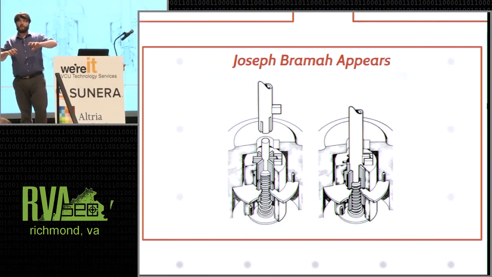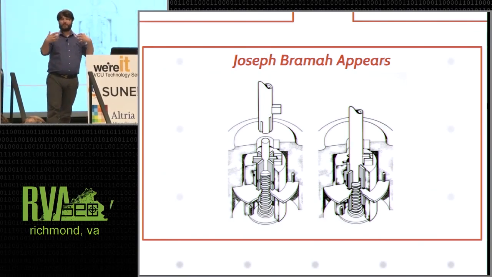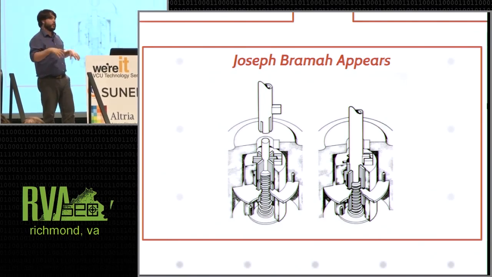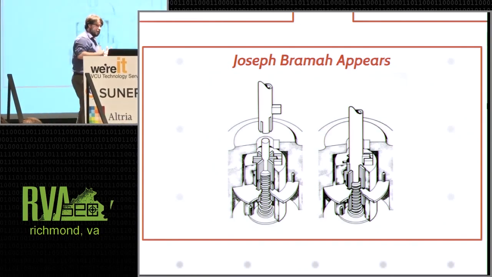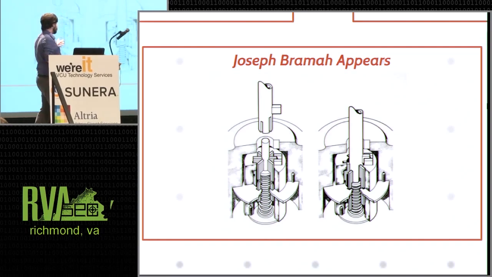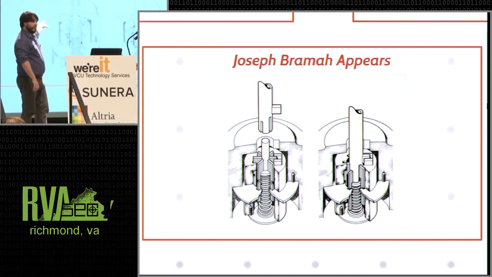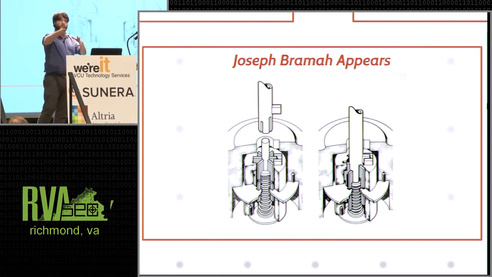So then we kind of get away from the evolution of things because Joseph Bramah showed up out of nowhere with a message from the future about his crazy Bramah safety lock. The way that this thing works is that the key, which you see on the left there, has a series of slots cut out of it.